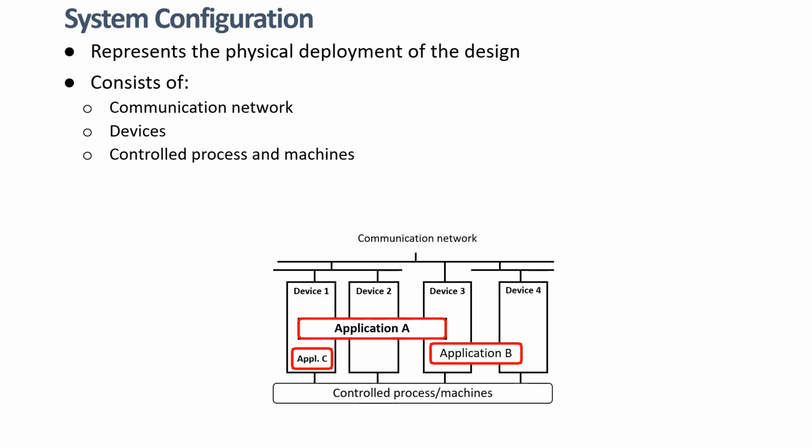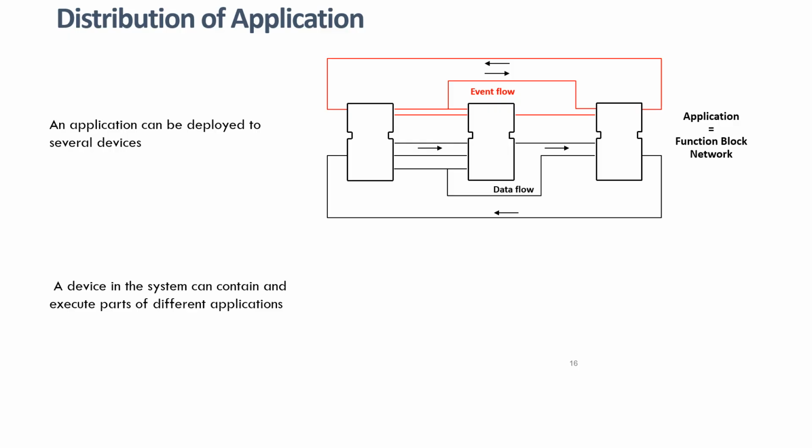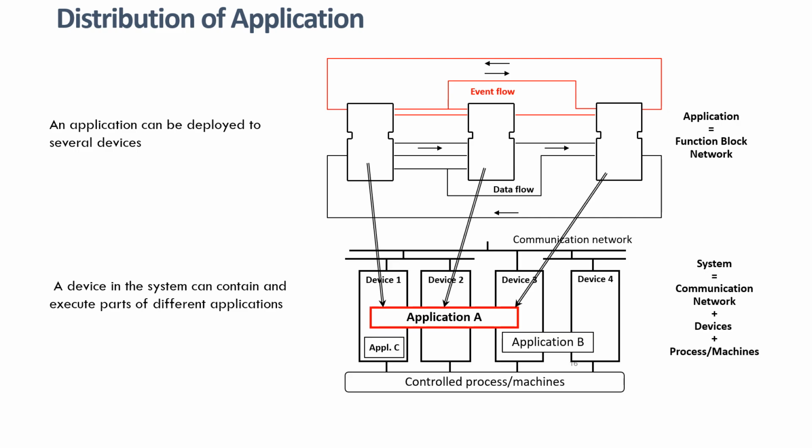Each of the applications can be running in several devices. An application that is a network of function blocks connected with event and data flow is said to be mapped to particular devices.